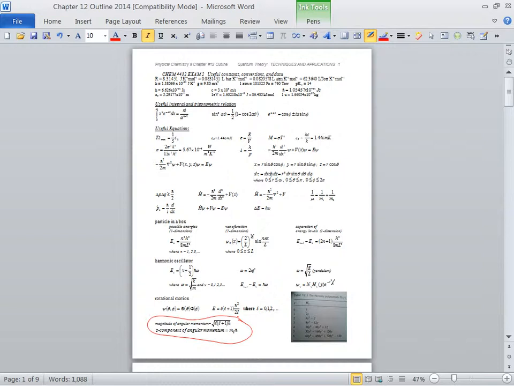What's the starting point if the question is normalize this? Where do you start? The integral equals 1. And in your wave function you have this normalization constant that ends up being squared out front, right? That's the following step.